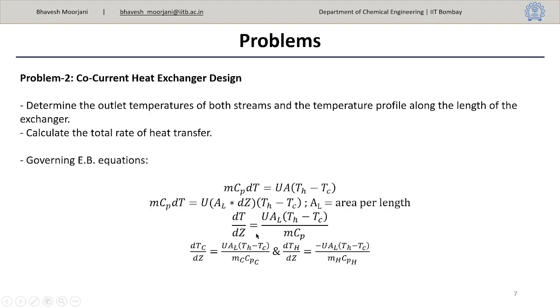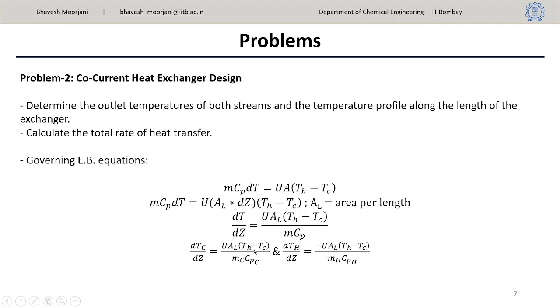Now, depending upon which temperature you look at, this equation will vary. If I'm looking at the change in temperature of the cold fluid, the cold fluid temperature is increasing. So this becomes dTc by dz equal to U AL (TH minus TC) divided by mCp for the cold fluid. Since temperature is increasing, this entire term is positive.